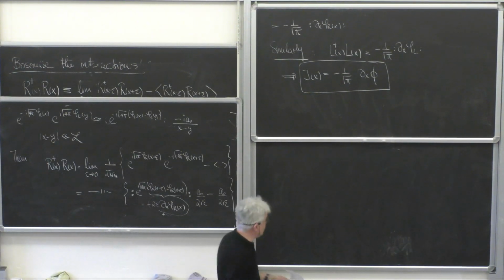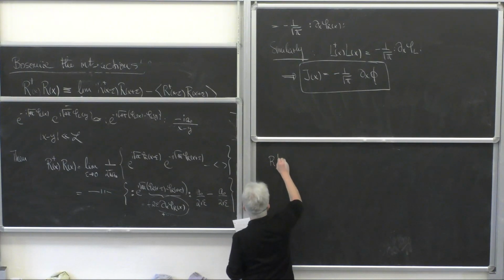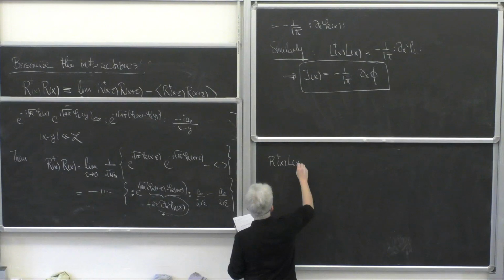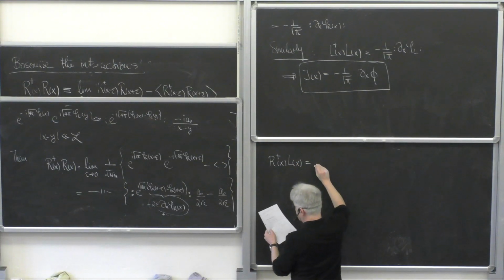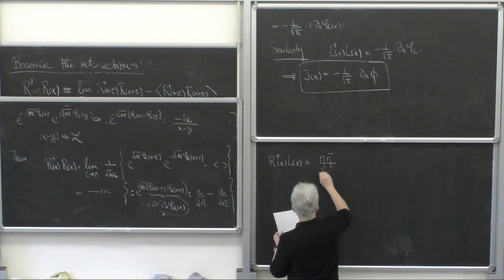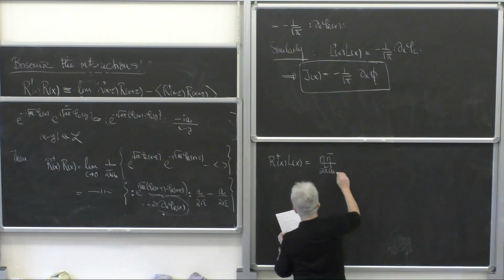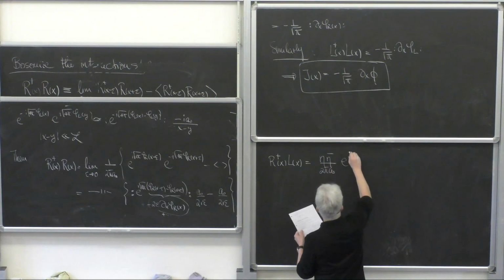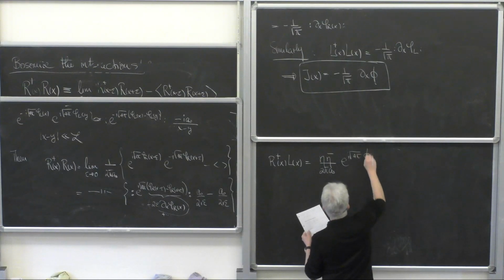Okay, so now the other bilinears, they go like so. Right dagger of x, left of x is, here I have to keep these Klein factors, eta eta bar, 2 pi a naught e to the i square root of 4 pi phi.